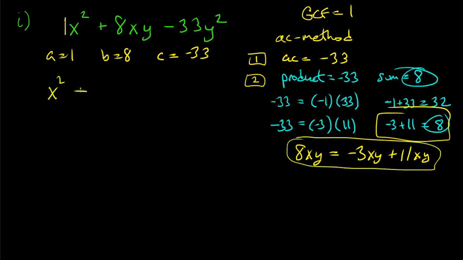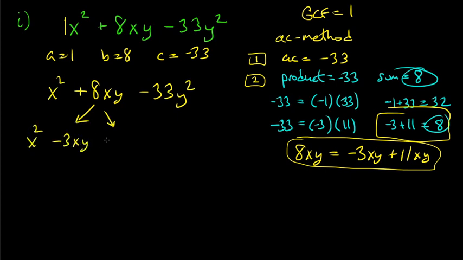So this middle term, break that apart. We'll still keep the x squared, minus 3xy plus 11xy minus 33y squared. So that was step 3.